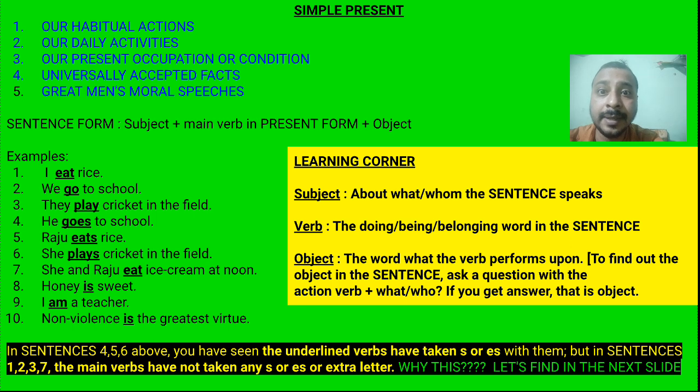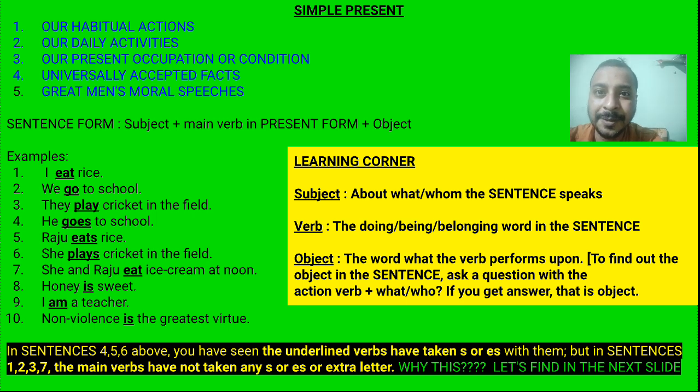How to make a sentence in simple present tense? You see the sentence form here: subject plus main verb in present form plus object. So this is the sentence form. Let's see the examples first. I eat rice, we go to school, they play cricket in the field, and all the sentences you will read.